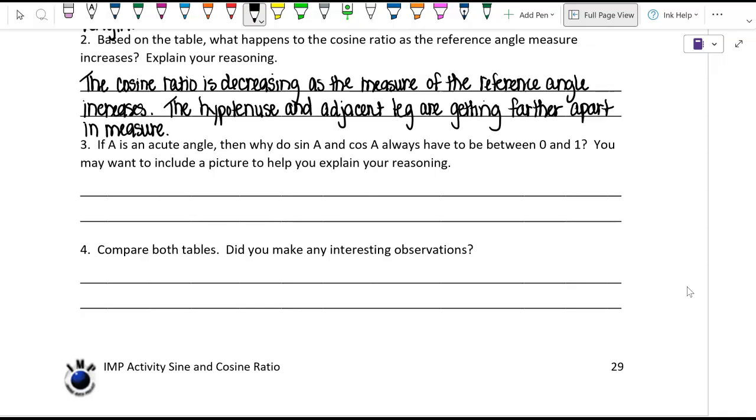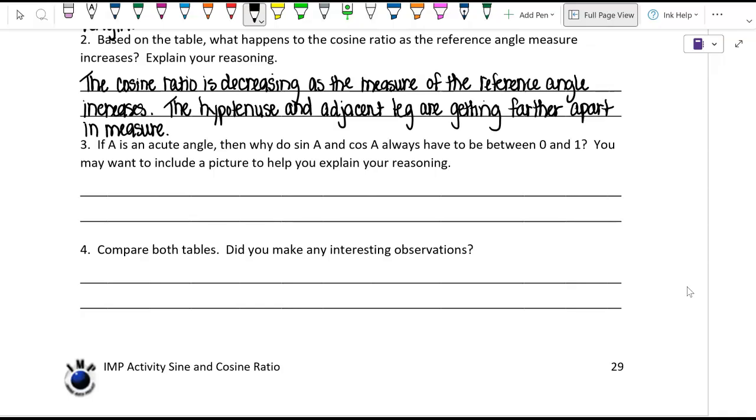Why did I say I knew there was something wrong? The hypotenuse is always going to be the longest leg, and we are dividing by the hypotenuse for both sine and cosine. And when you're dividing by a bigger number than your numerator, your answer is always going to have to be a number less than 1.